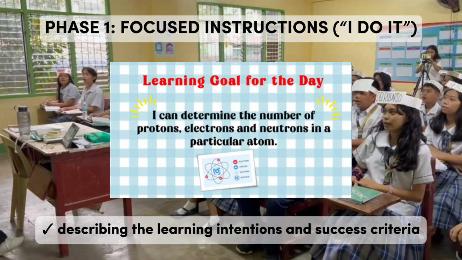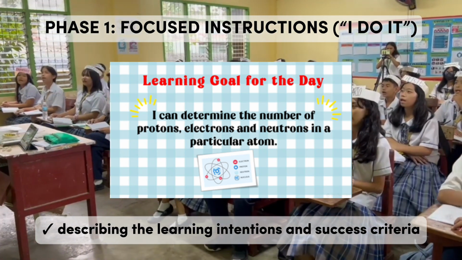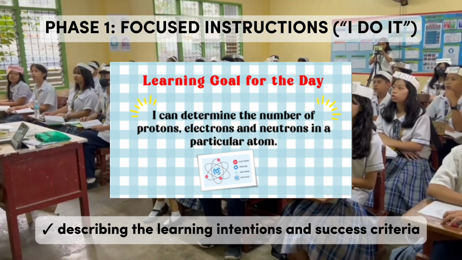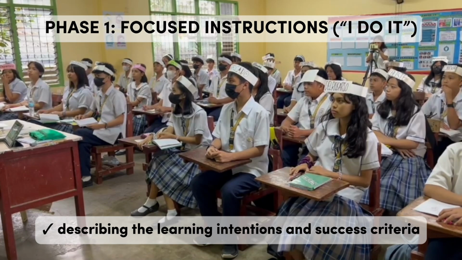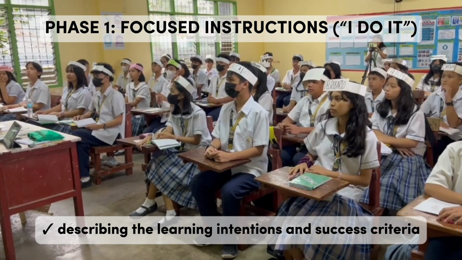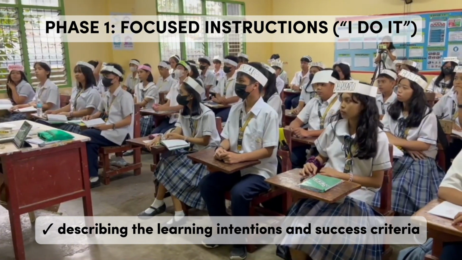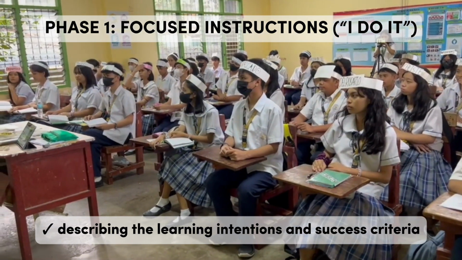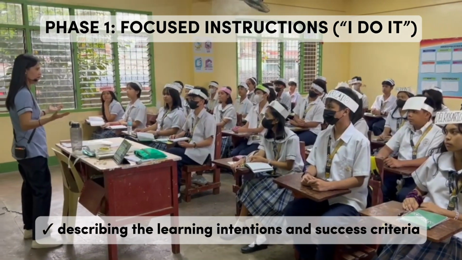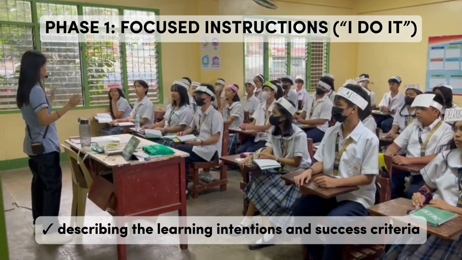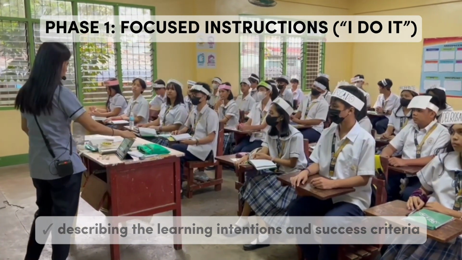I can determine the number of protons, electrons, and neutrons in a particular atom. Hopefully, at the end of our session, you are able to determine the number of protons, electrons, and neutrons because we're going to solve, do simple math in this lesson. So hopefully, you achieve this goal, alright?